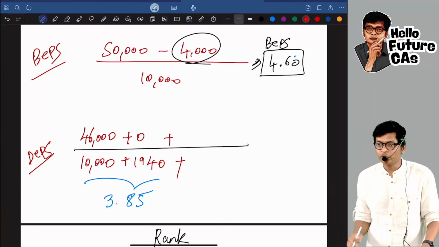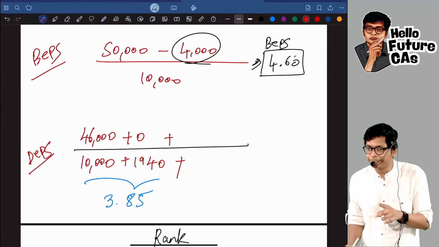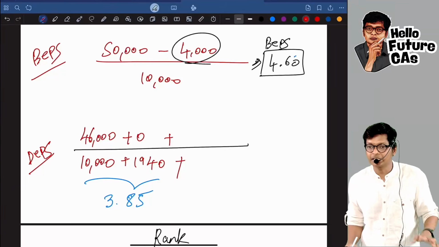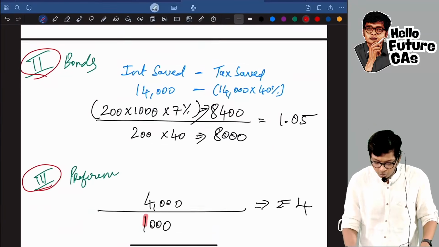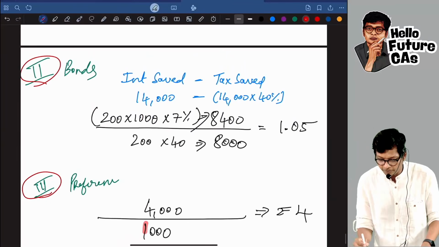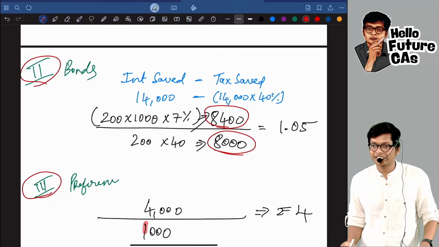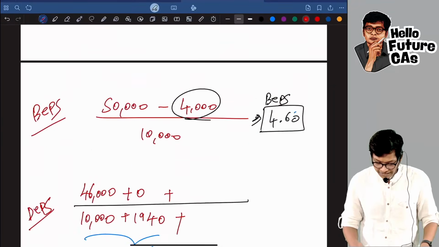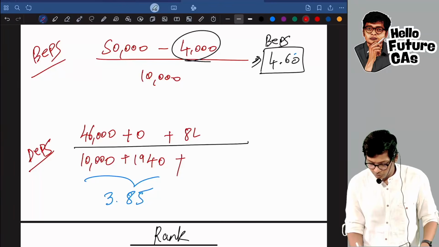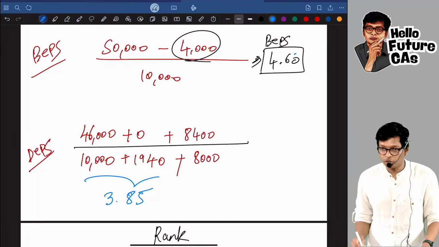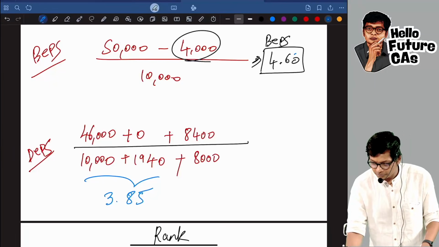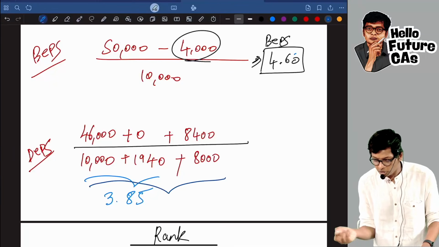Next you have to add what? Preference or bonds? Bonds, rank 2. For bonds, in the numerator I have to add 84, and in the denominator I have to add 8,000. So I will add 8,400 by 8,000. Now you find out the cumulative EPS for the whole value.